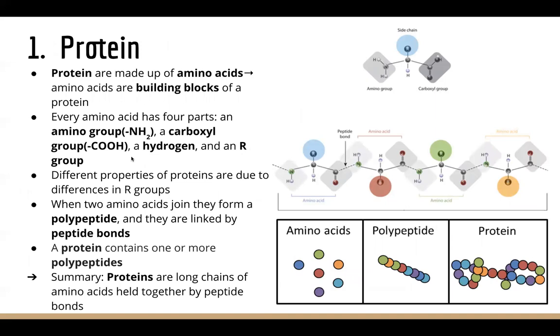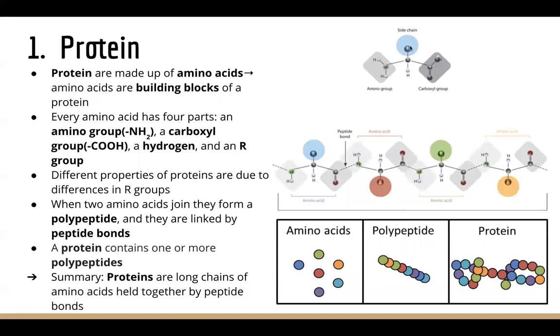I'm going to give just a brief review about proteins because we talked about it in the last lecture. Proteins are made up of amino acids, which now we know are monomers, right? Because they build up proteins and protein is a polymer. Every amino acid has four parts, which are the amino group, carboxyl group, hydrogen, and R group.